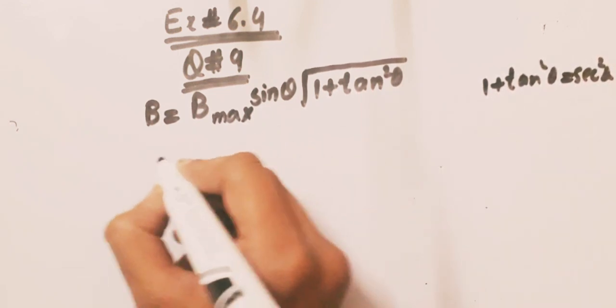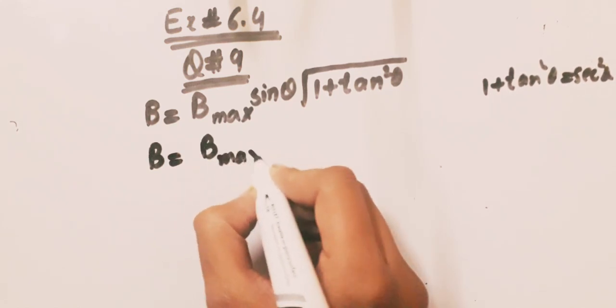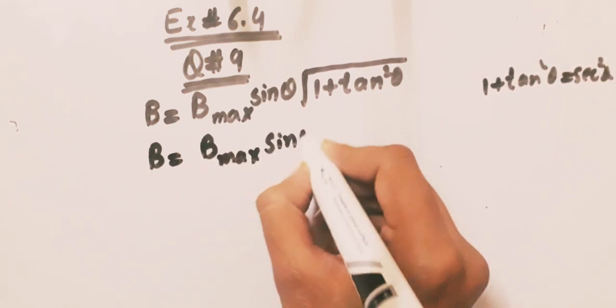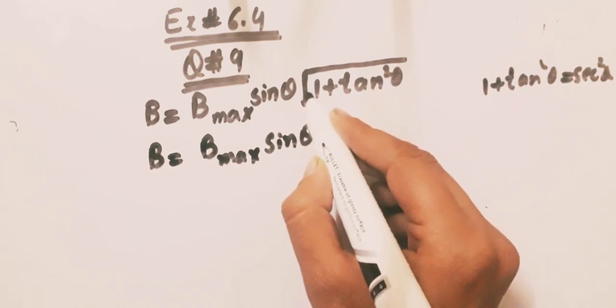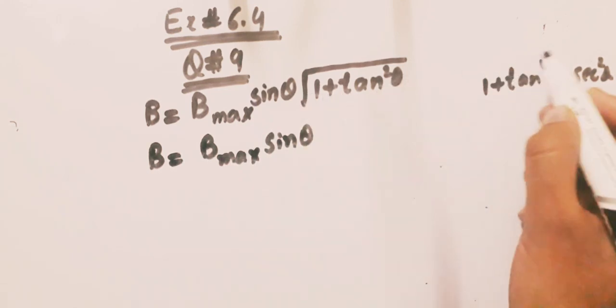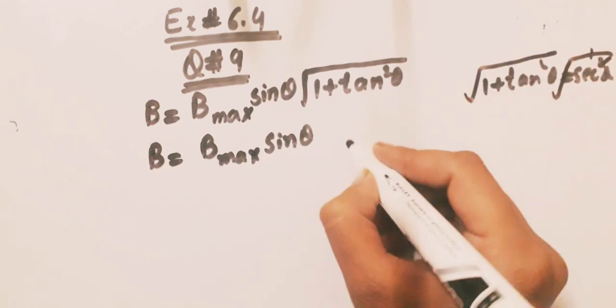So you will write B is equal to B maximum sin theta into square root of 1 plus tan square theta, which will become secant theta.